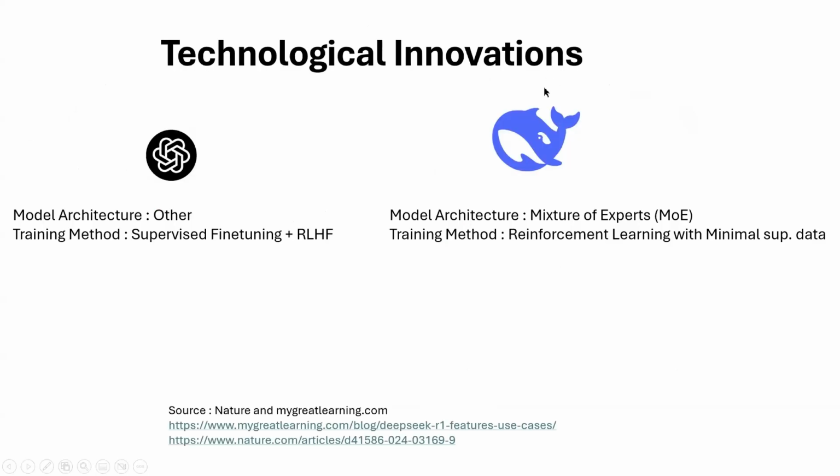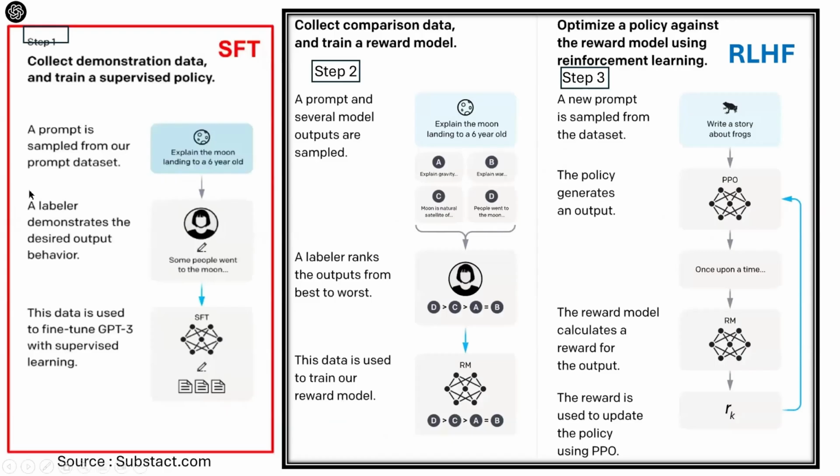Now the technological innovations on supervised fine-tuning, the training method used by OpenAI O1 and that of DeepSeek R1. We will talk about the supervised fine-tuning with reinforcement learning with human feedback. In step one, we have supervised fine-tuning.